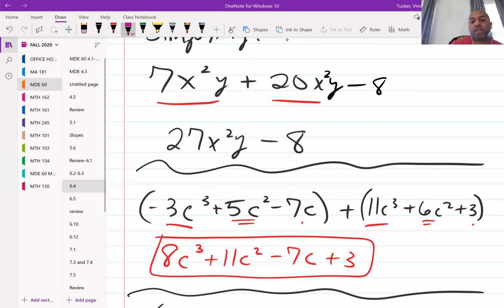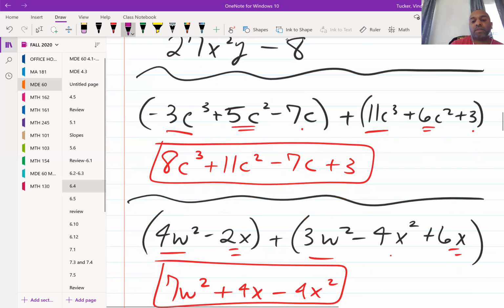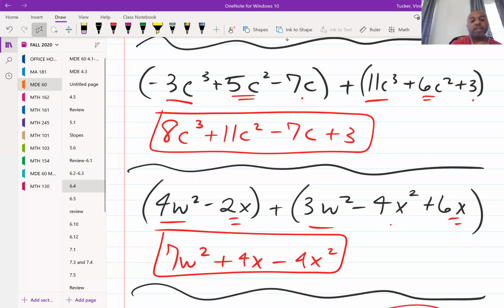All right, do another one. Same thing, 4w squared minus 2x plus 3w squared minus 4x squared plus 6x.